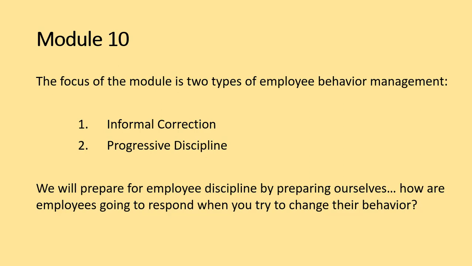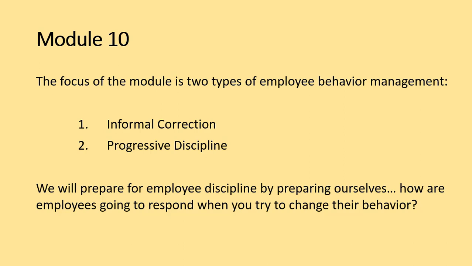So in order to prepare ourselves for that, we're going to use the lecture to talk about how employees respond when someone in human resources tries to correct their behavior, or even how they respond when a supervisor tries to correct their behavior. Because if we have a better idea how someone's going to respond or react to us, we're going to go into that situation more confident.